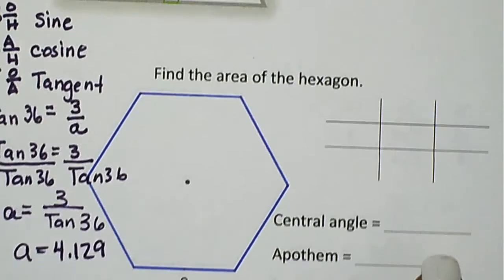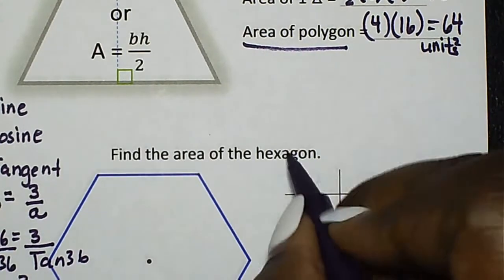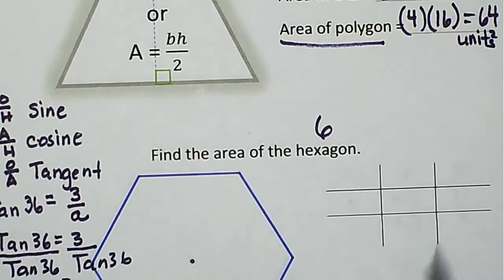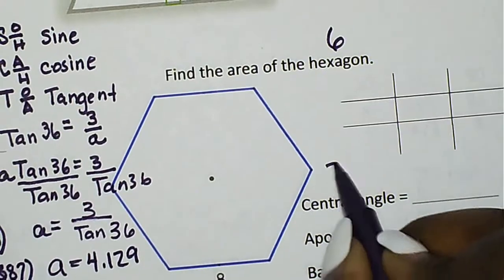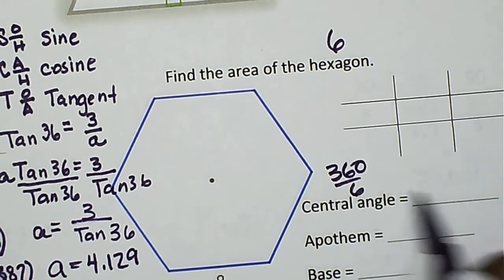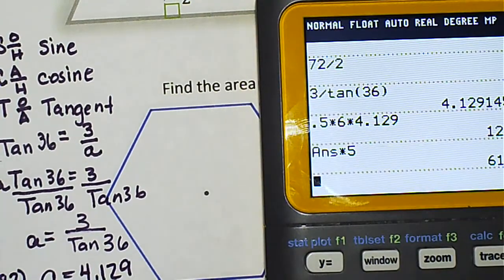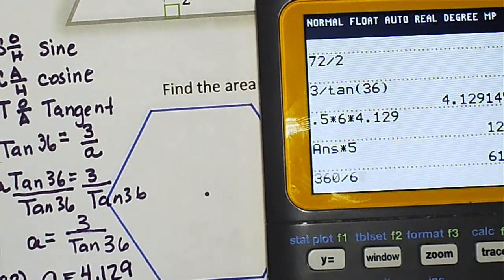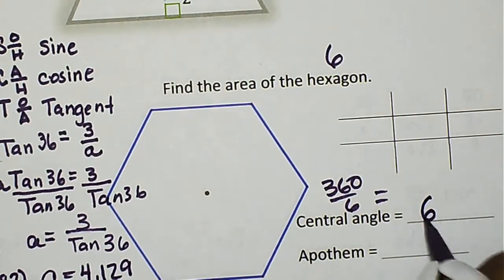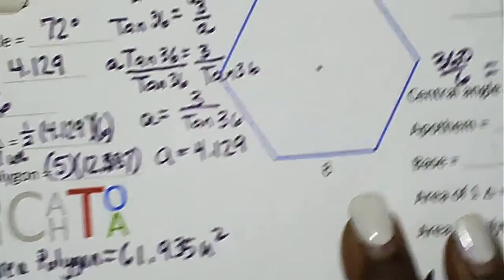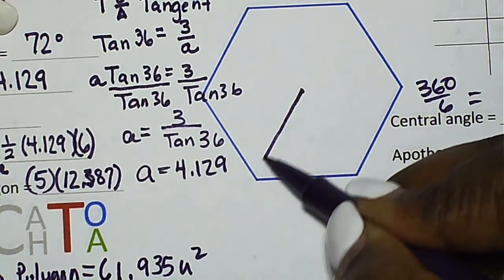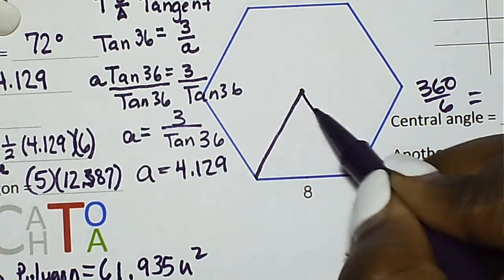Now let's do our last one, the hexagon. Hexagon has 6 sides. So my central angle is going to be 360 divided by 6, which is what? 60. Central angle is 60. So what I'm saying is from the center, this is 60 degrees.